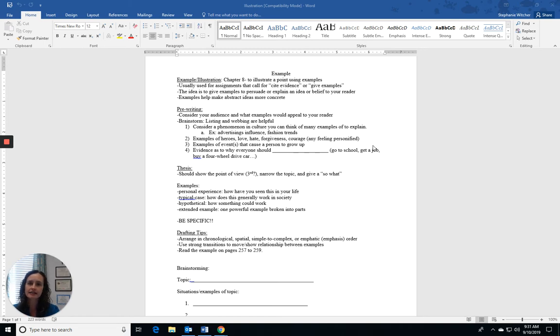The idea with example, sometimes we also call illustration, is to illustrate a point or to make a point by using examples. Now, this is probably one of the most common types of essays out there. You will do this type of essay over and over and over again in your college career. But you've probably also done it many other times too, because it's really the 5-paragraph essay.